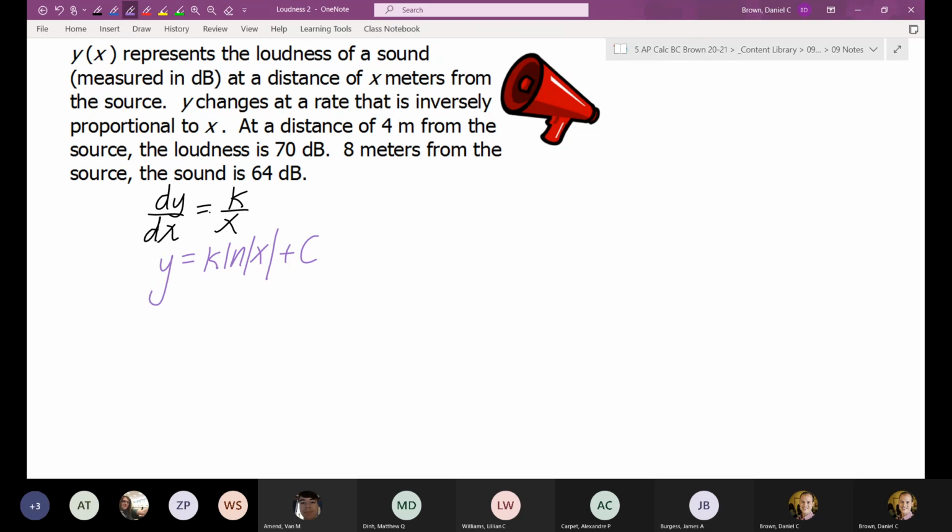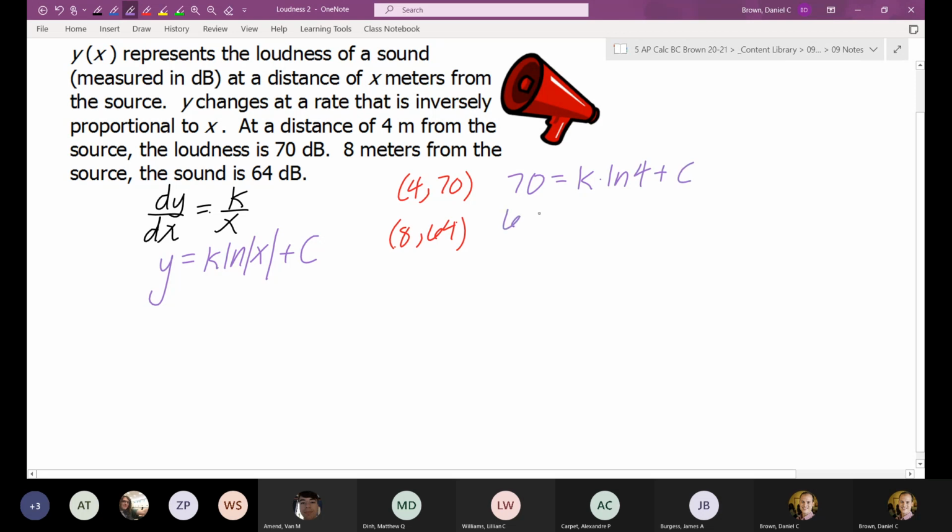What already can you tell is going to make this one a little bit difficult to solve for those constants? What's going to make those initial conditions harder to deal with? Let's see then. So at a distance of 4, the loudness is 70. At a distance of 8, the loudness is 64. Plugging those in, I would have 70 is equal to k natural log of 4 plus c.